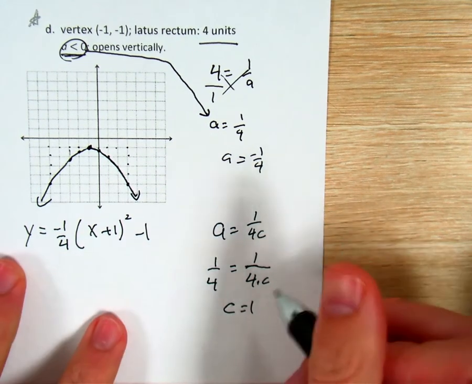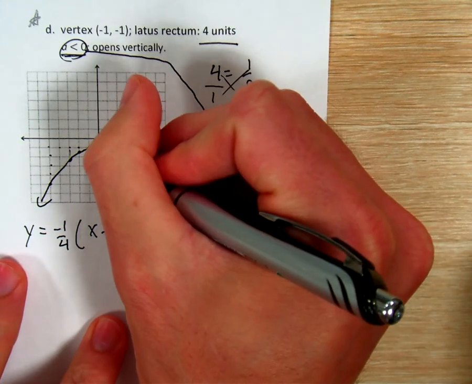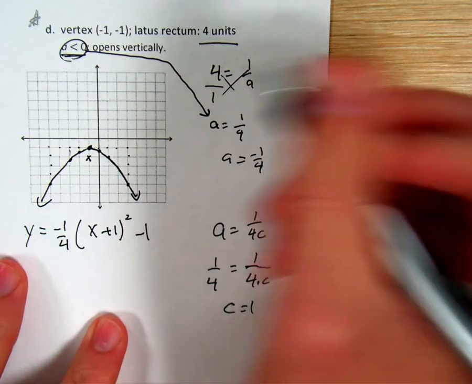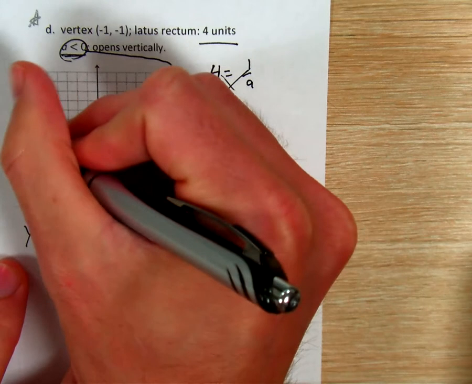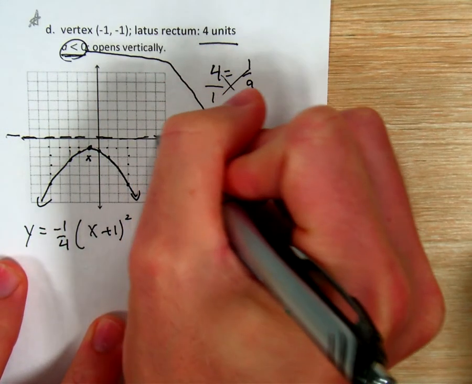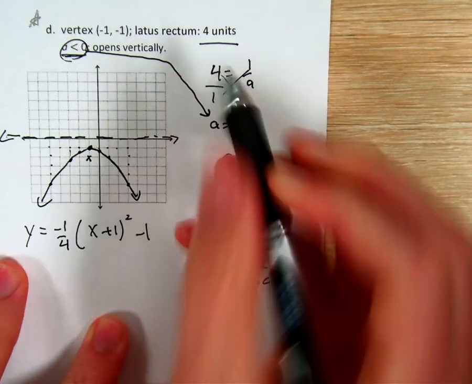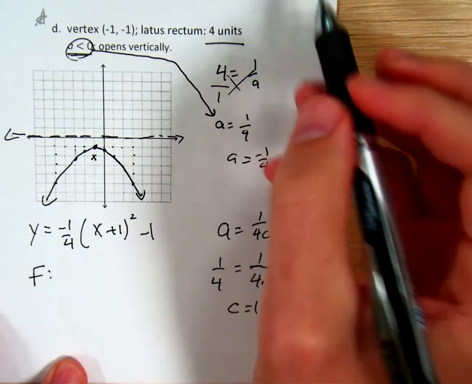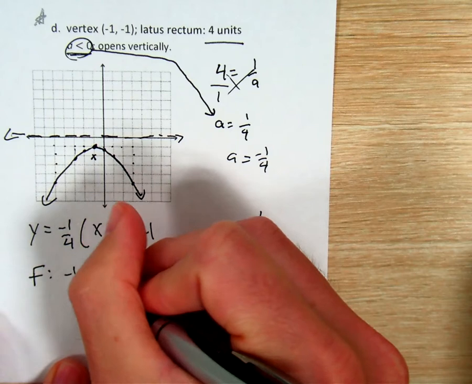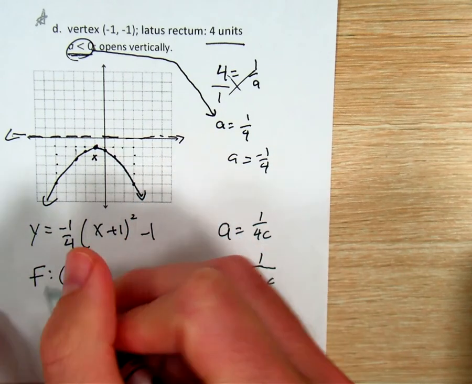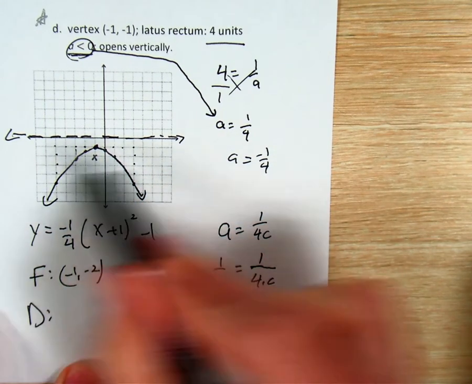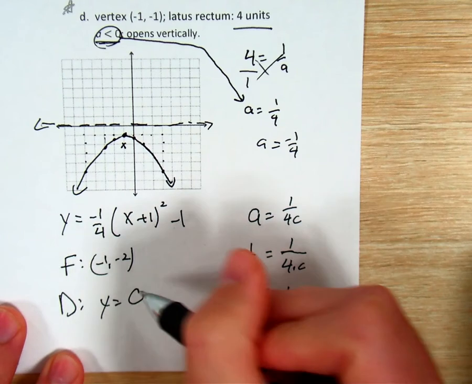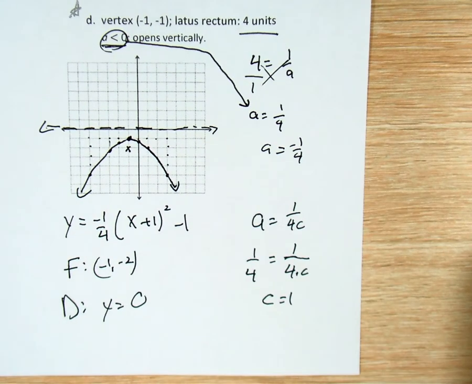If c was a 1, then all this would stay the same. So my c value is 1, which means the distance from my vertex to my focus is 1, and the distance from my vertex to the directrix is 1. So it's going to be going through the x-axis. My focus is at (-1, -2), and my directrix is the x-axis, or y equals 0, that flat line there.